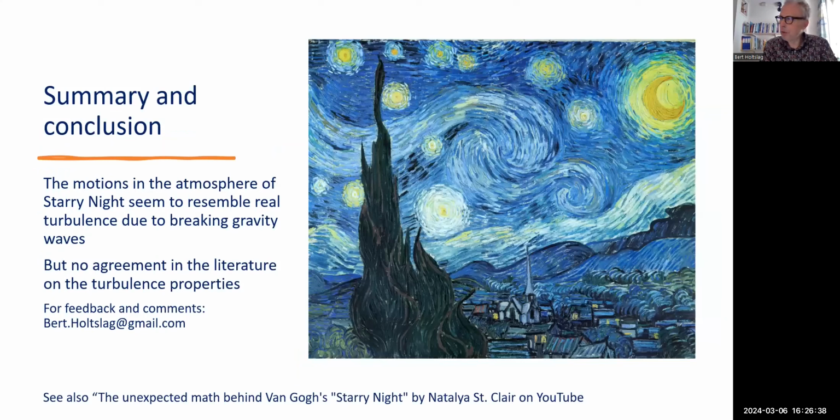So in summary and conclusion, the motions as seen in the atmosphere of Starry Night do seem to resemble real turbulence, and I think it's most likely due to breaking gravity waves. There's not a complete agreement in the literature on the turbulence properties, as we have seen, and it's also not completely clear if you can actually observe this in reality, just by the twinkling of light through the atmosphere.